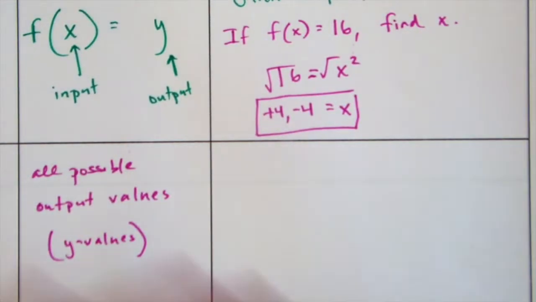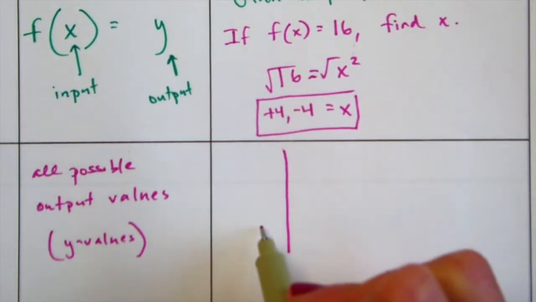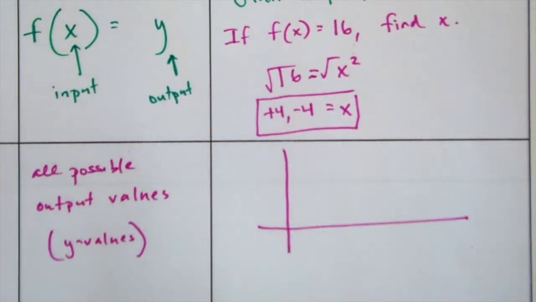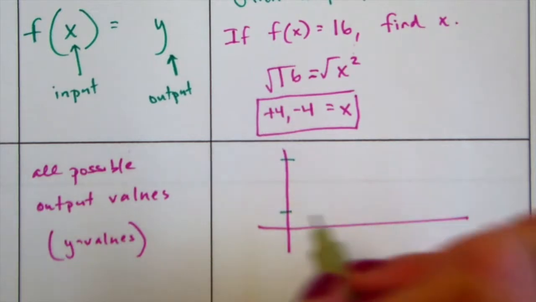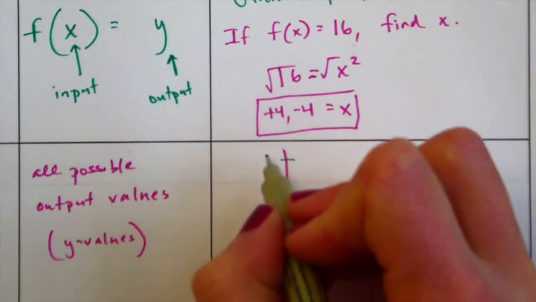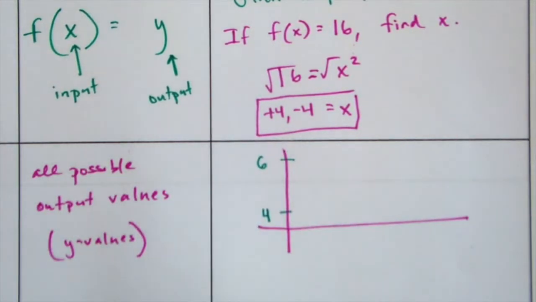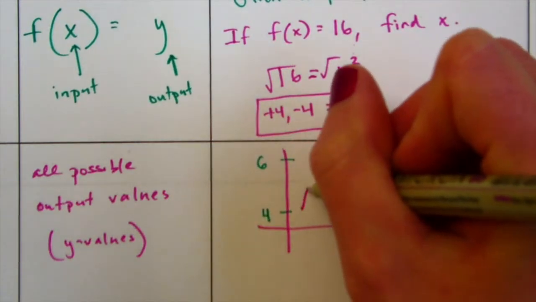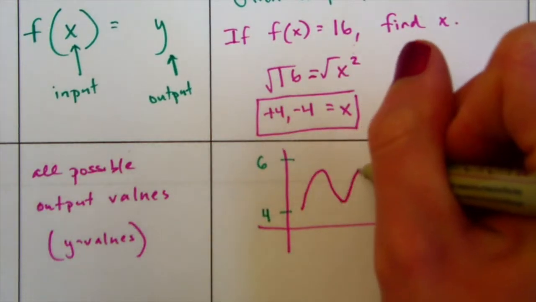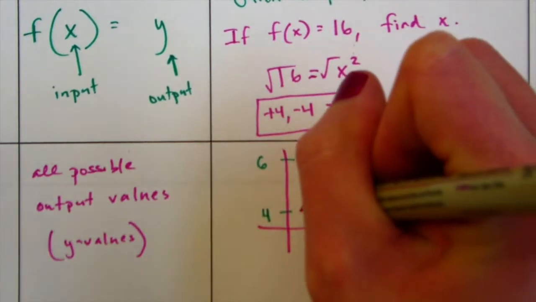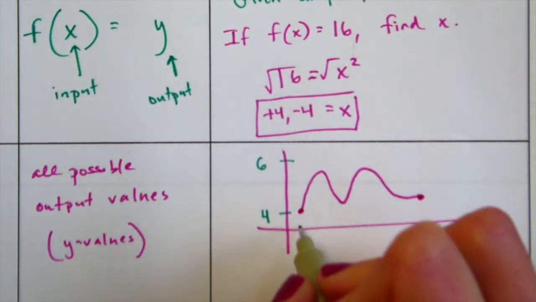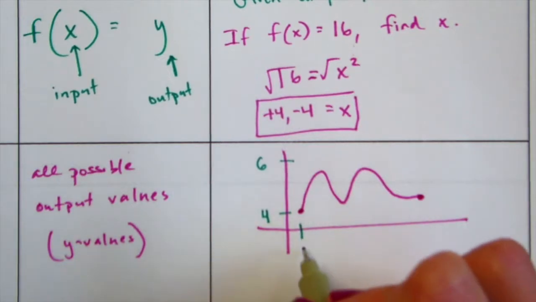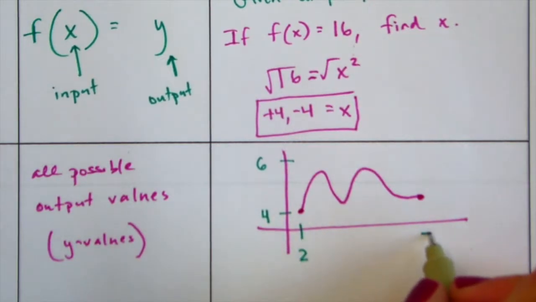So if I had something like this, my y values are between 4 and 6, and then my function looks something like, starts here and ends here. The x values are 2 and 7.